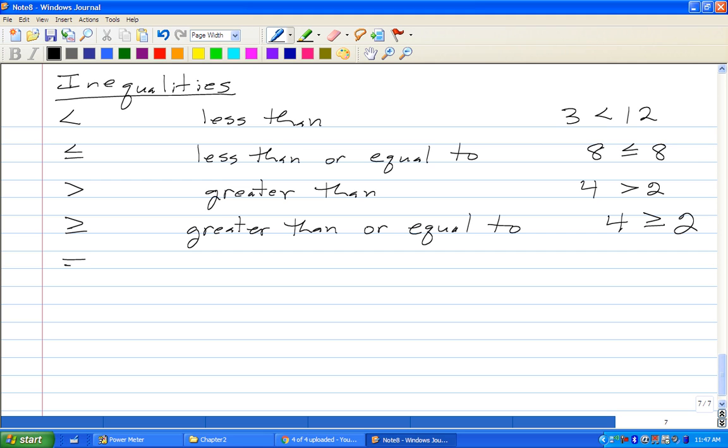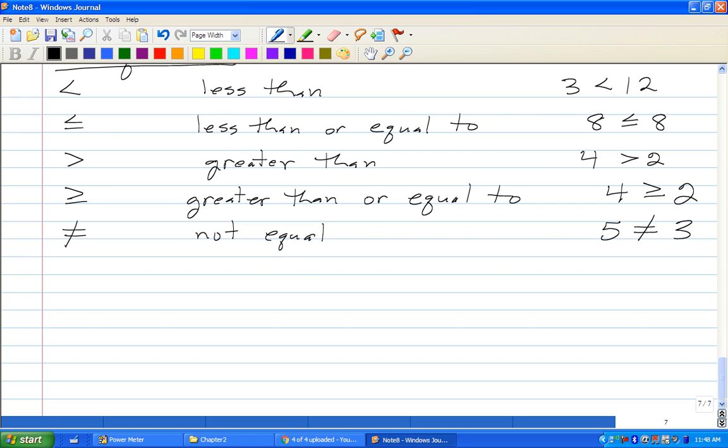Not equal. Five is not equal to 3. So 5 doesn't have the same value as 3.